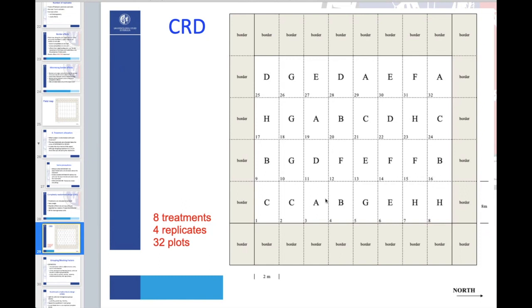Of course, the plots treated alike, A, will give a different yield. It doesn't matter how precise we are. And we have no way to account for such a difference, because these plots were treated alike. So differences are only due to unknown effects, and therefore our precision will be rather low.